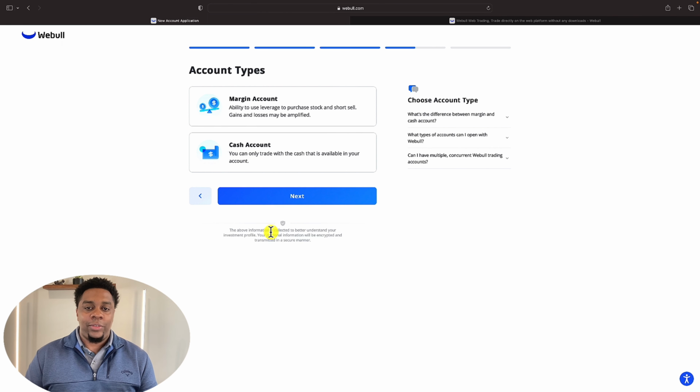Margin allows for you to use leverage. So it's essentially taking out like a small loan to be able to buy things with. As a beginner, I do not recommend this. So I'm going to choose cash account. So whatever cash I have in the account, that's the cash I'll be using to purchase my stocks and my options, okay? So let's go with the cash account.